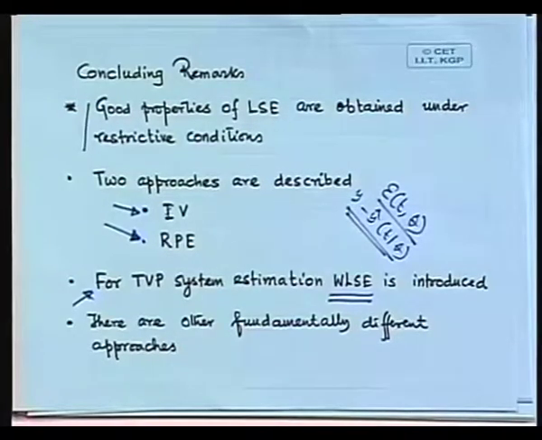There are estimators which you can derive from other philosophies, otherwise you always tend to feel that least square is the only estimation approach. That is not a fact. So we will look at some other estimation philosophies like maximum likelihood, maximum a posteriori methods, and Bayesian estimation methods. That is all for today.